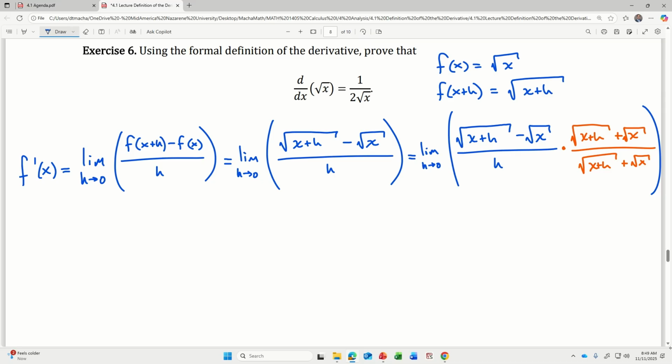Like in the bottom of this limit, in the denominator, we're going to have h times square root of x plus h plus h times square root of x.